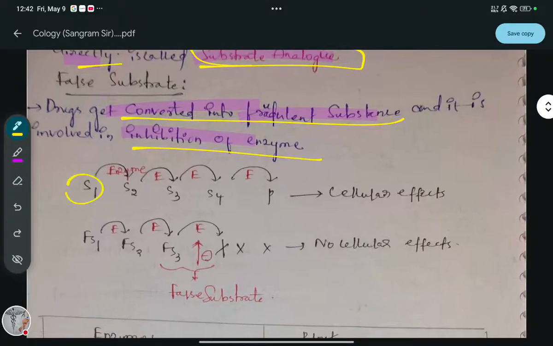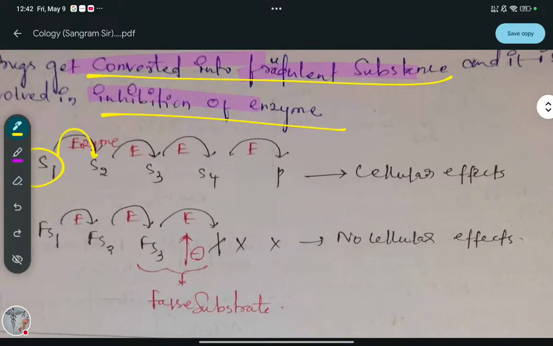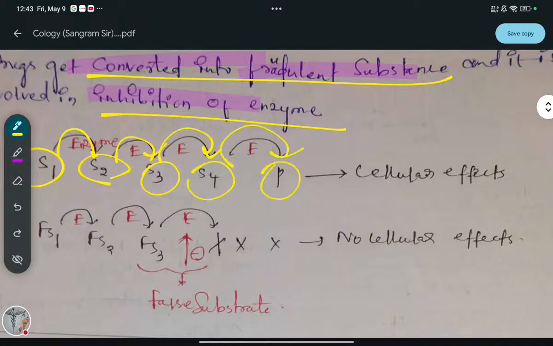For example, this is substrate 1, S1. It will bind with the enzyme and form substrate S2, then with the enzyme it will form S3, then S4, then finally the product. In that case the cellular effect will be seen.